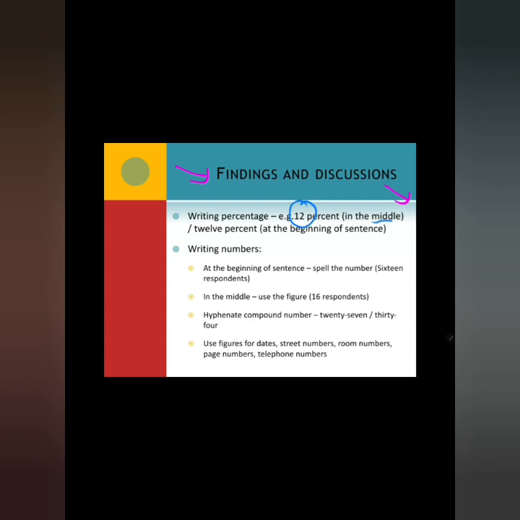If it is in the middle of a sentence, you do not need to spell it out. Just use the number as it is. If it's 12, 12. If it is 13, 13. 30, 30. If it is at the beginning of a sentence, please spell it out. Okay, thirteen. Okay, right.